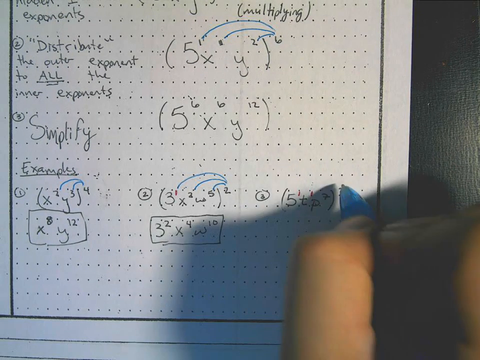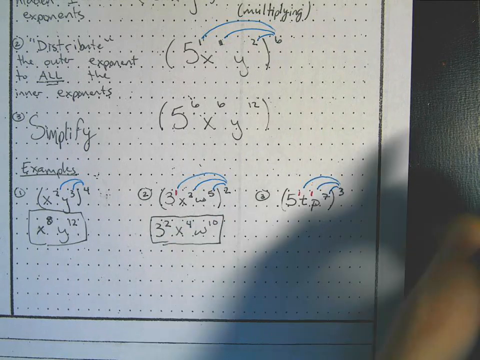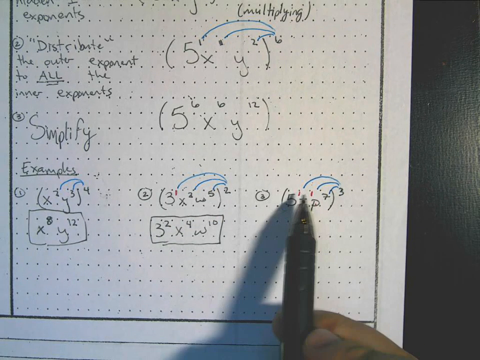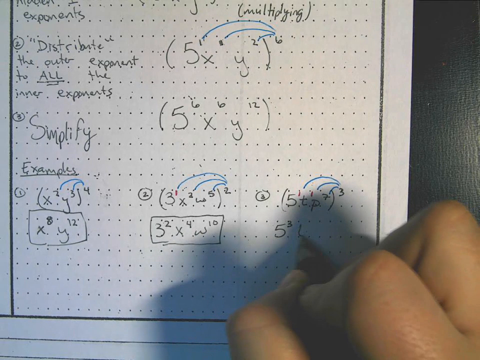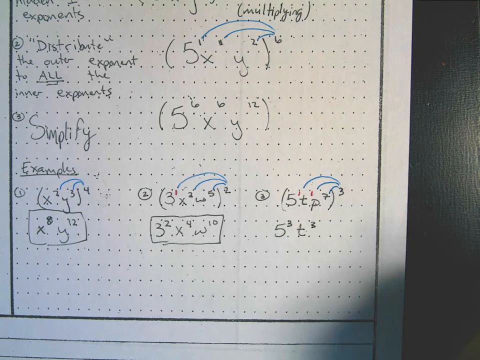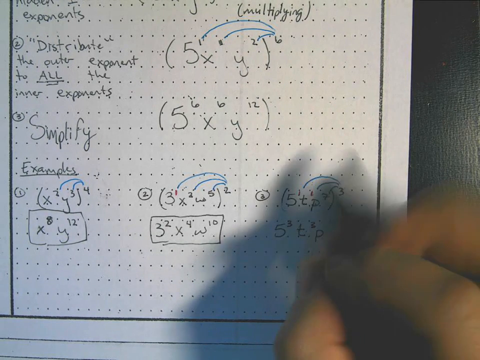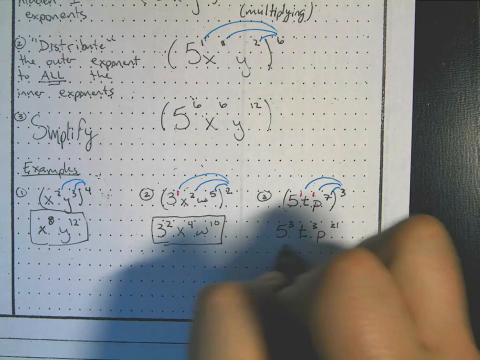Now let's distribute that outer exponent to the inner exponents, like so. And let's write our answer. 1 times 3 is 3, so 5 to the 3rd power. Now t to the 1 times 3 is 3. And now I'll go to p. 7 times 3 is 21. And we're done.